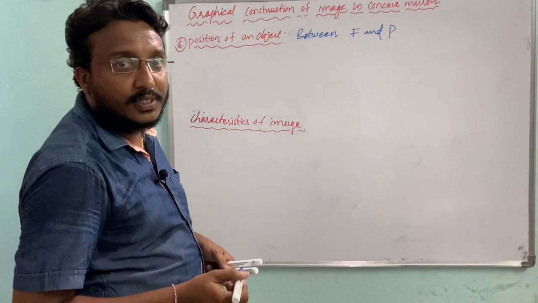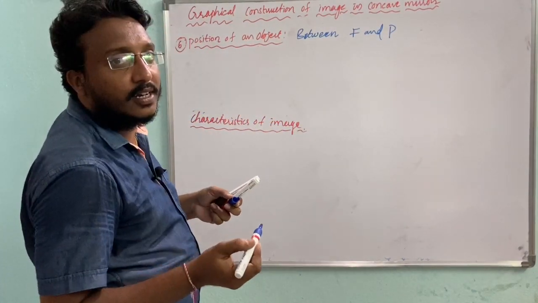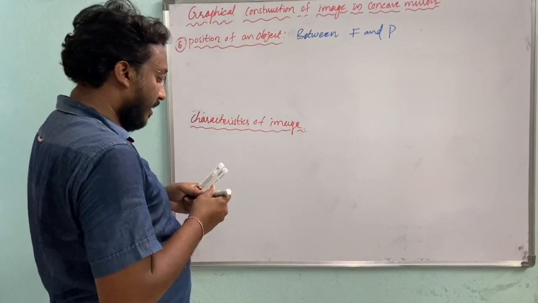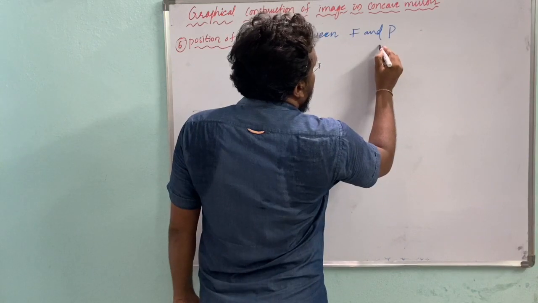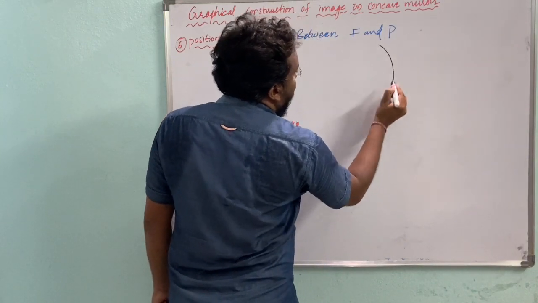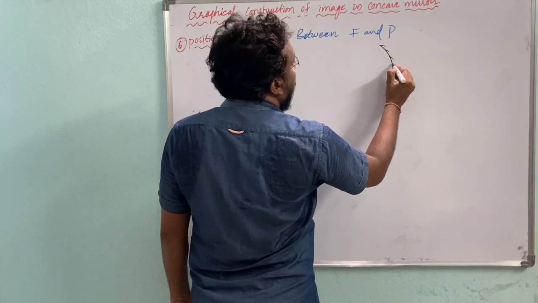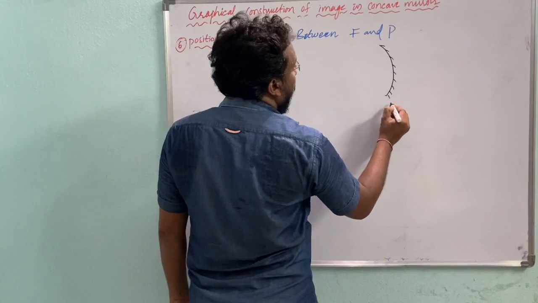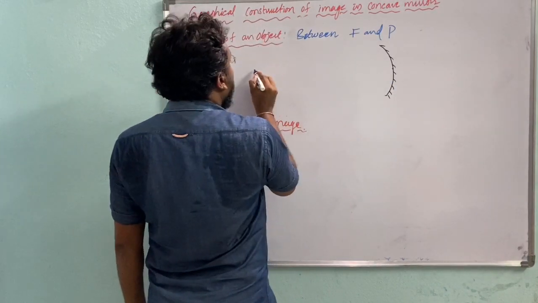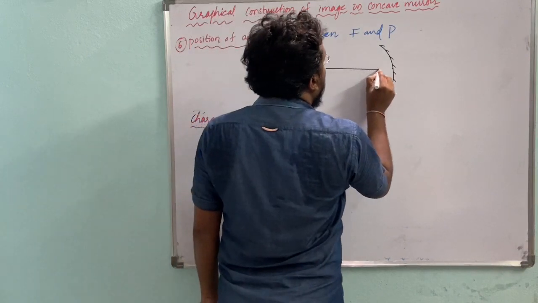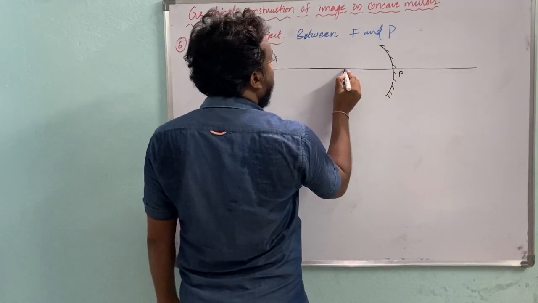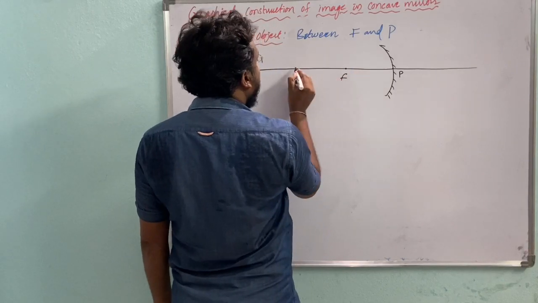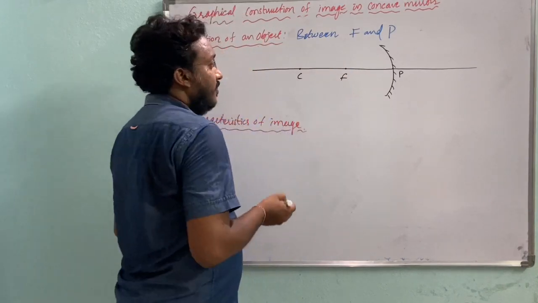The object is present between focus and pole. Right. Next, concave mirror, principal axis, pole, focus, center of curvature.